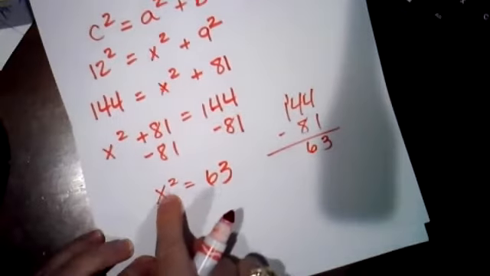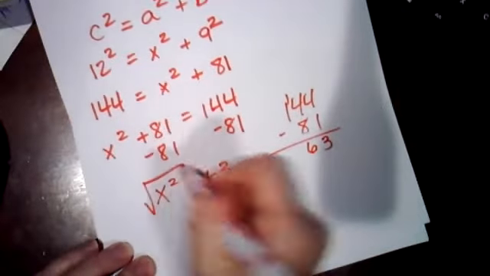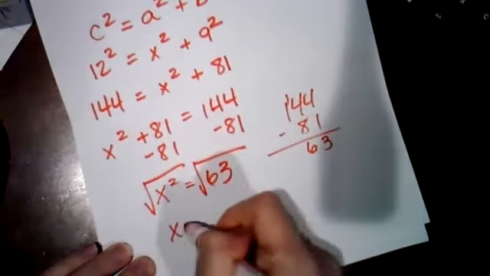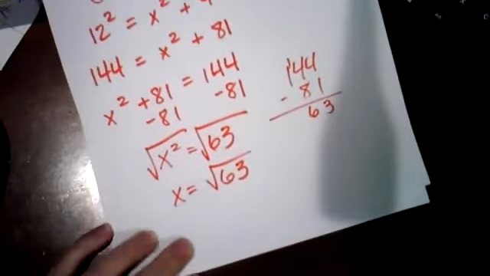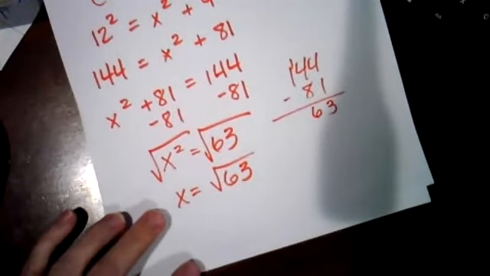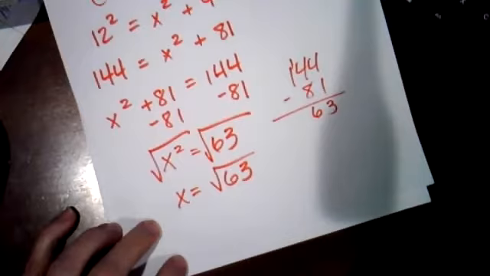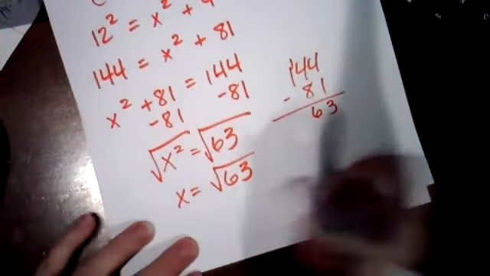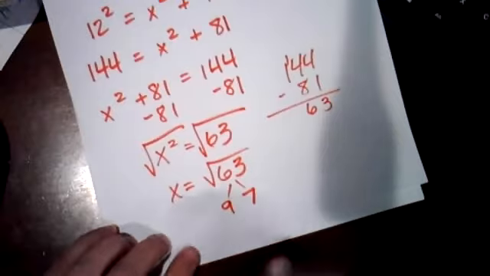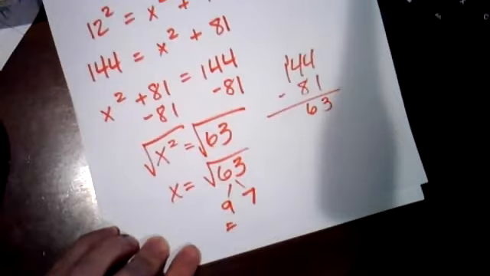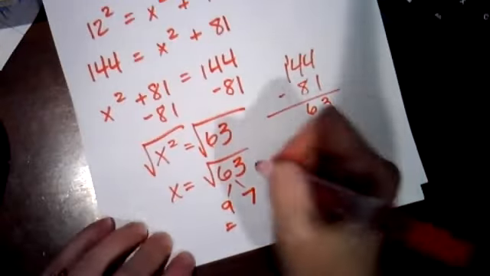Okay, now that's x squared. Don't forget, we're not done. Okay, all right, now 63 has a perfect square in it. How about we divide this up to what we know, and hopefully you recognize that 9 was the perfect square. So look at it this way.